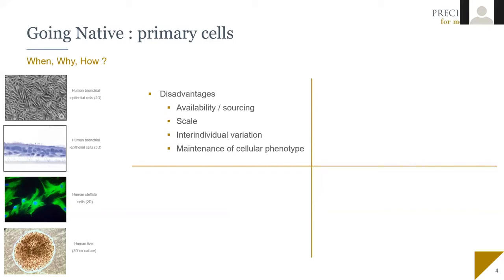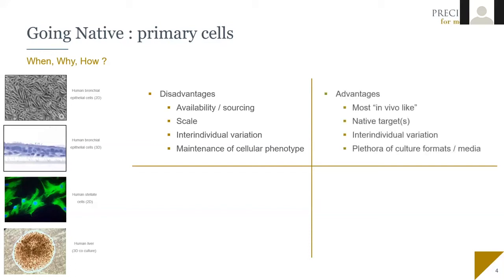We're an outbred population, so my hepatocytes are going to be very different to somebody else's hepatocytes, for example. And the challenges of actually being able to really well maintain the cellular phenotypes that you need when primary cells are in culture. So they do have some challenges, absolutely have some challenges. However, as I touched on just now, they are, from an advantages point of view, the most in vivo-like that you're going to get.